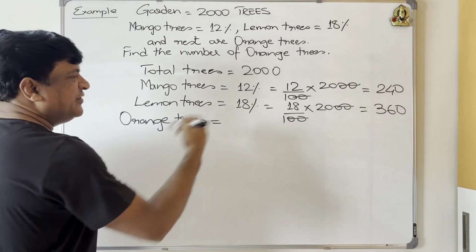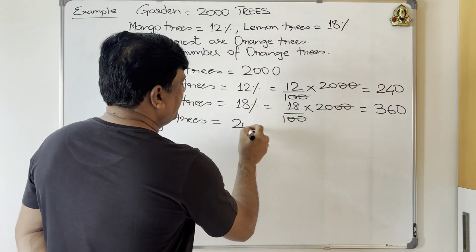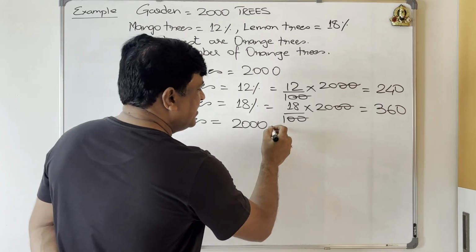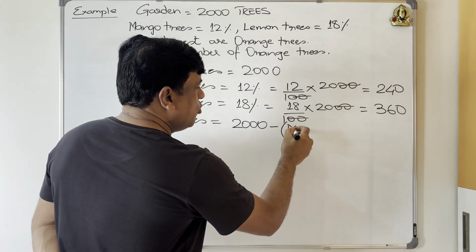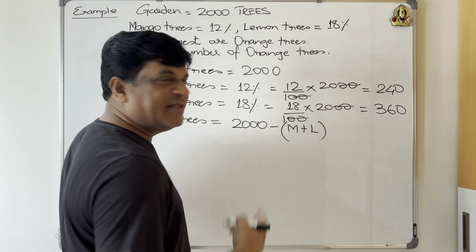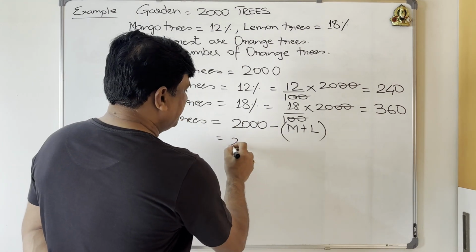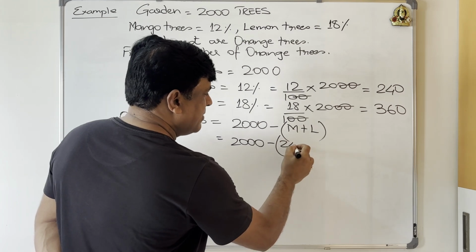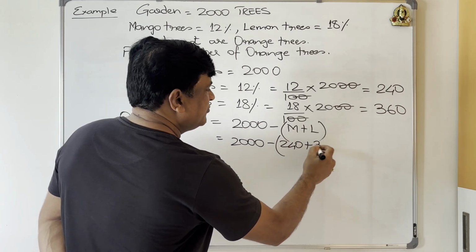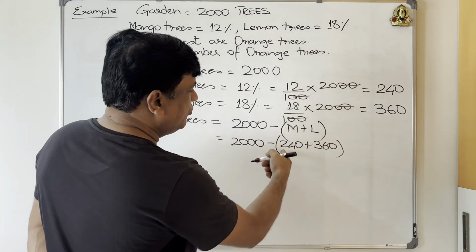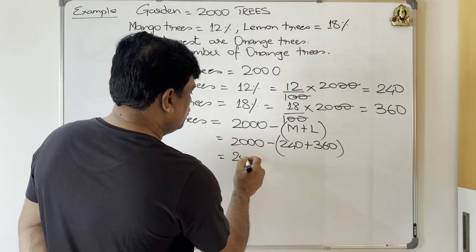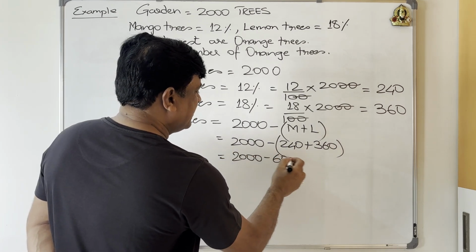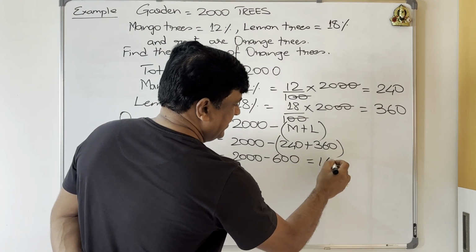So orange trees will be the total number of trees, 2000, minus your mango plus lemon trees. That is what it's going to be. So you can simply put the value over here. What did you get? 240 mango trees plus 360 lemon trees, which is equal to 600. So 2000 minus 600 will give you 1400.